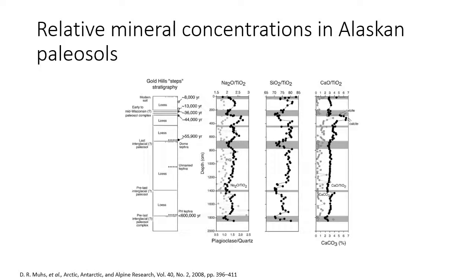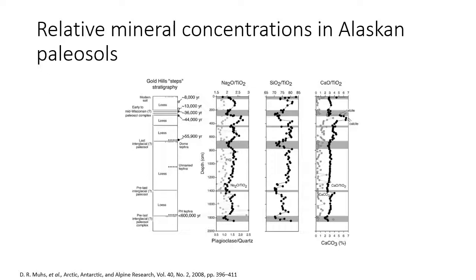One of the interesting things you can do with Loess formations is you can look at the relative mineral content in all of their layers, and you can extract some information about what the conditions were like in that place at that time.